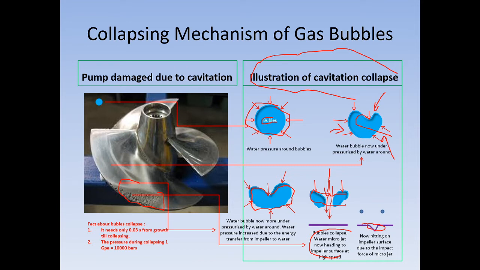By time, for sure, the impeller surface will be damaged, like these impeller tips of axial pumps, already damaged. This is dangerous to the pump performance. It's no more smooth, and the impeller is no more in balance, so it creates vibration, damages the bearing, and so on, and finally failure of the pump.